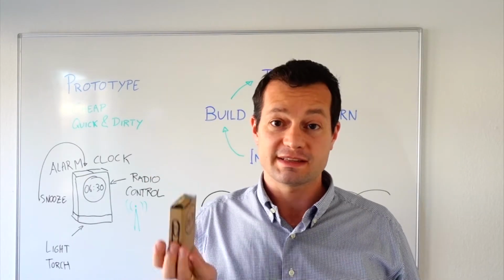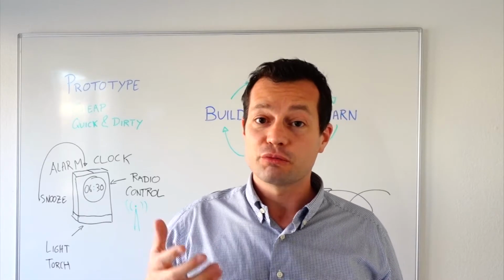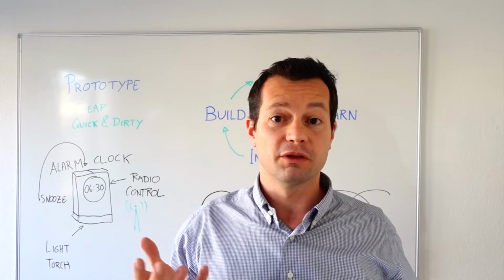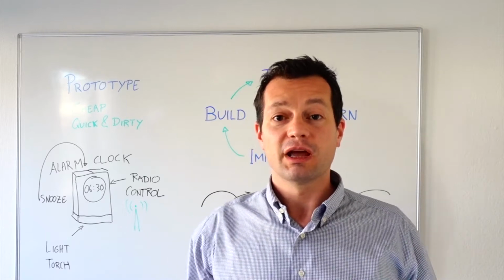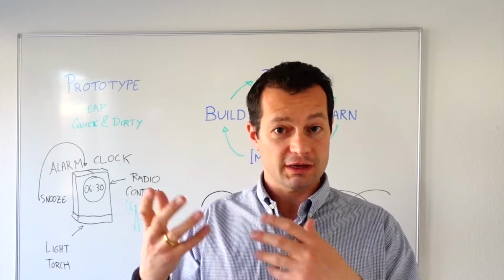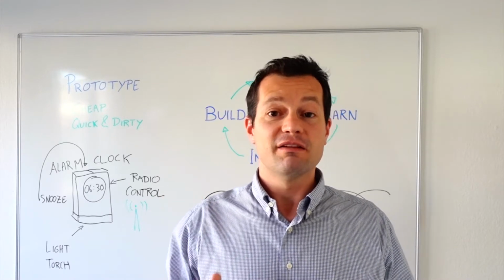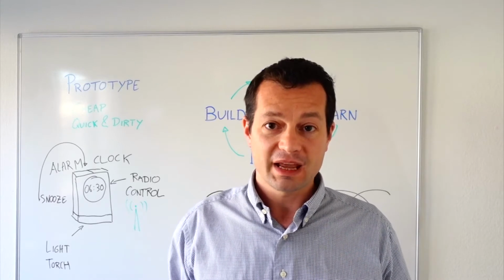Then they go and test it, and very quickly figure out that it falls all the time. So they create a new and better version of the prototype, one that doesn't fall. It's an iterative process. Each time they learn something new and they improve the next version of the prototype. The idea is to fail very often and as cheaply as possible.